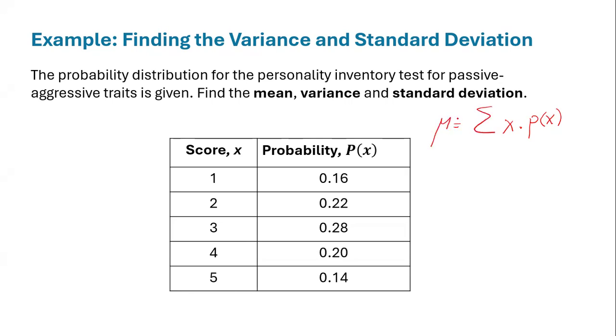That's it. So I need to multiply each of these x values by its probability. You can also create another column in the table to multiply x by p of x first, write them in this column, and then at the end, just add them together to find the mean.